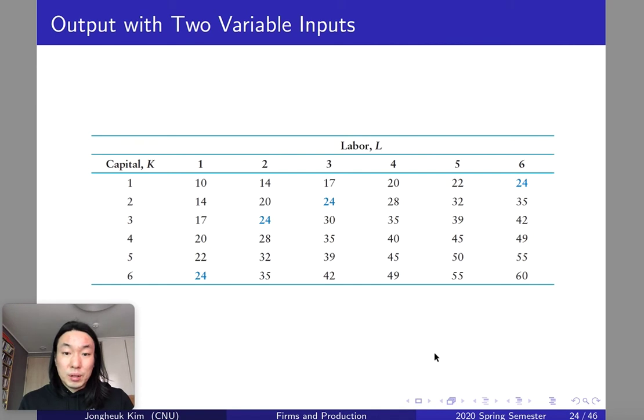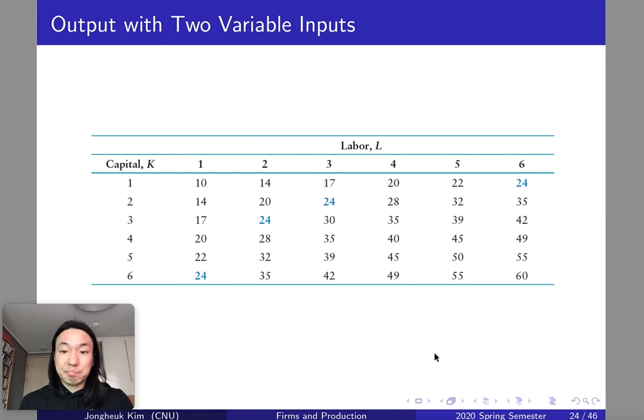Okay, so you can find the number 24. In the first column and the sixth row, one labor and six capitals can produce 24 units of output. But two labors and three capitals can also produce 24 units of output. Also, three labors and two capitals can produce 24 units of output.